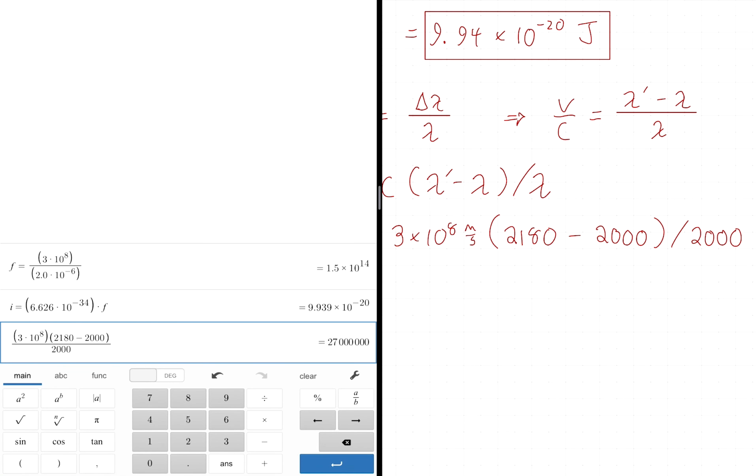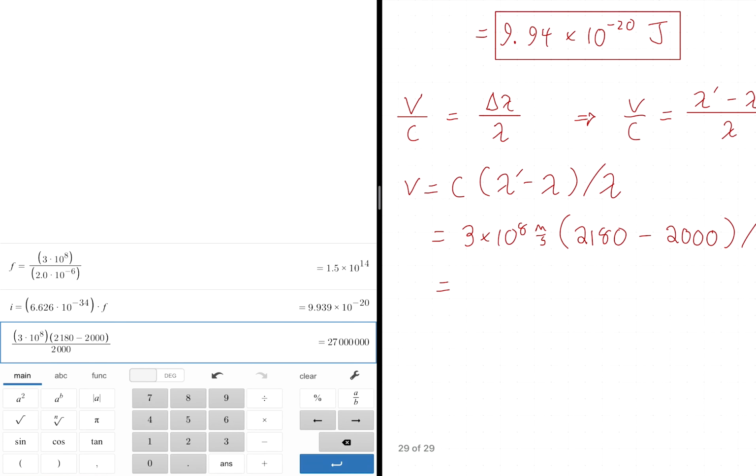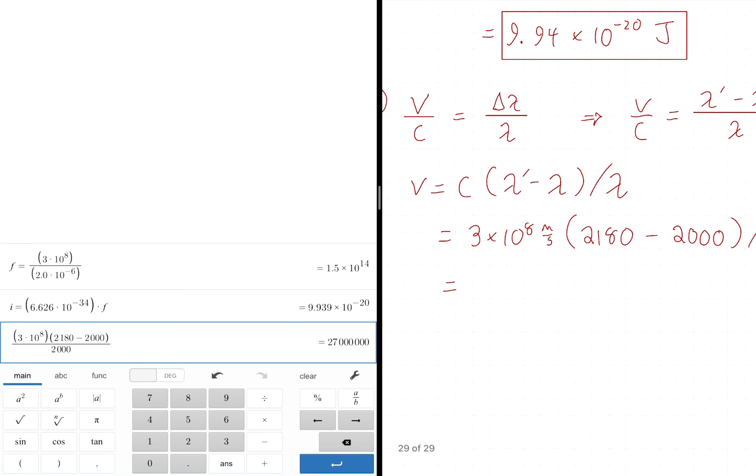It doesn't matter if the fraction goes all the way; the point is that we have a 2000 down below. So there is our velocity: 2.7 times 10 to the 7 meters per second.